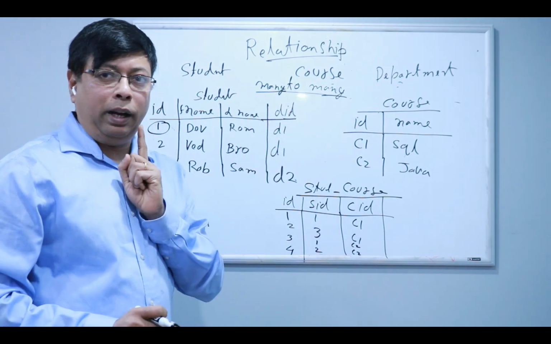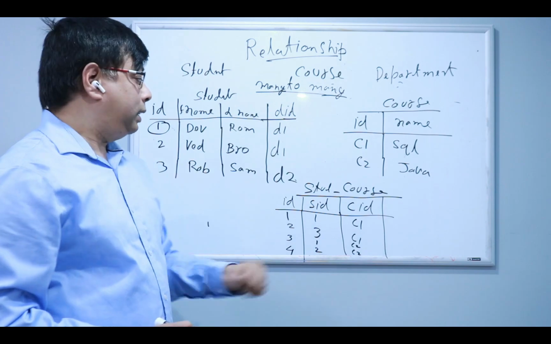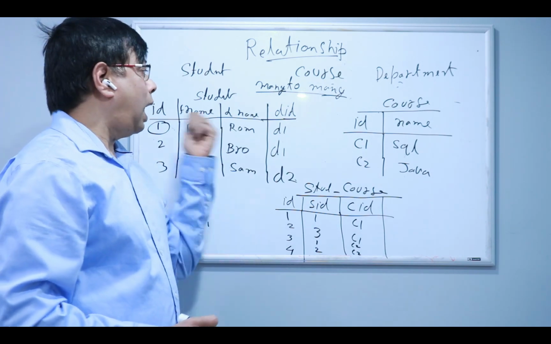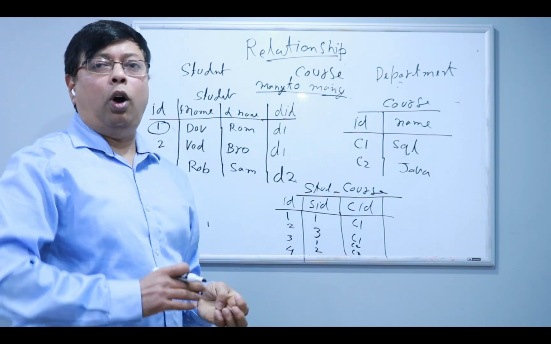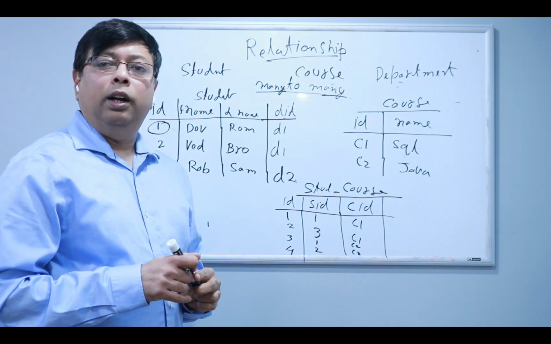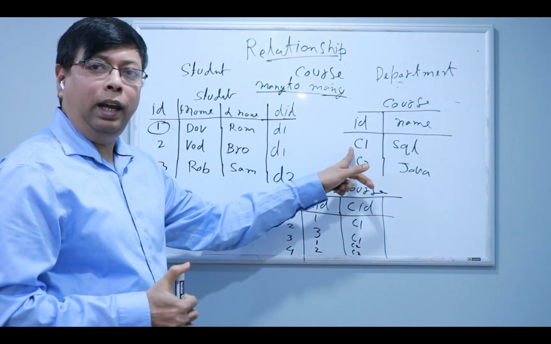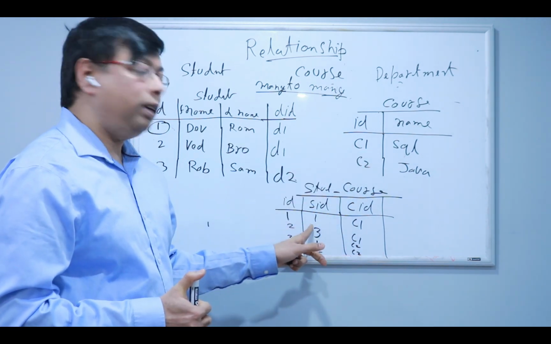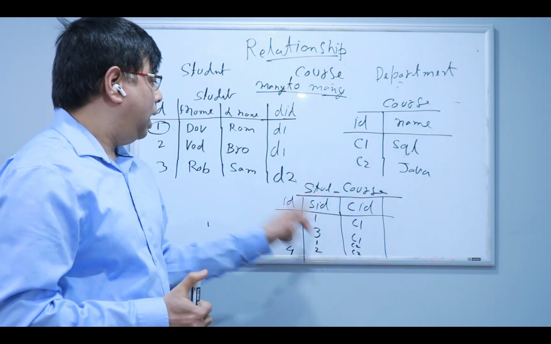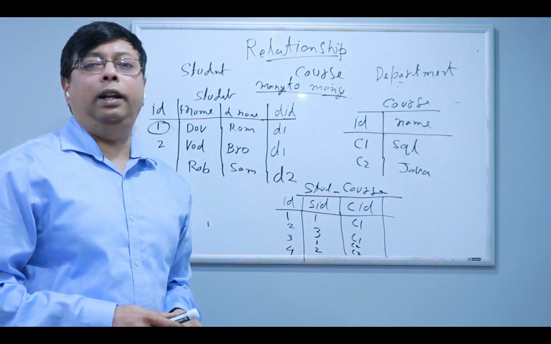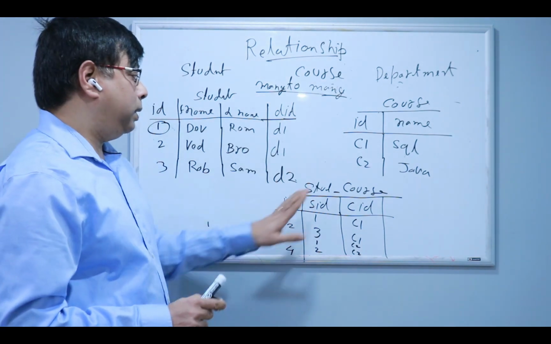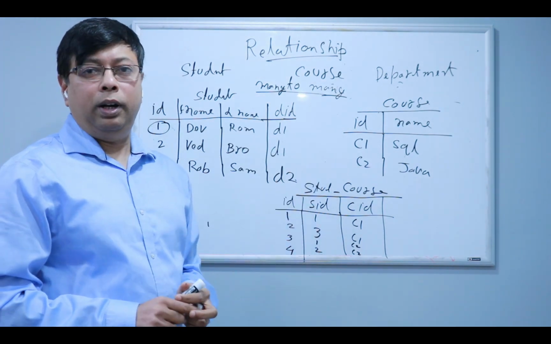Whenever there is many to many, we have to create a separate table, and the ID fields will be mapped on our many to many table. So we use the ID, the primary key from here, add it as a foreign key, and both of them are mapped to a new entity or new relationship table. This is called my relationship table.